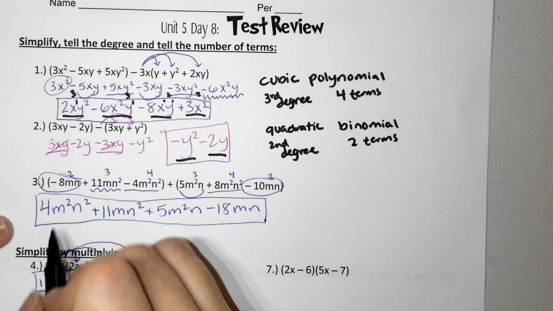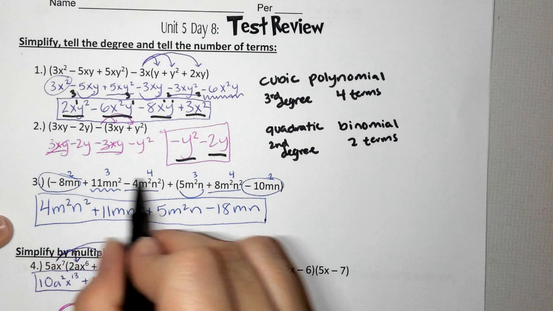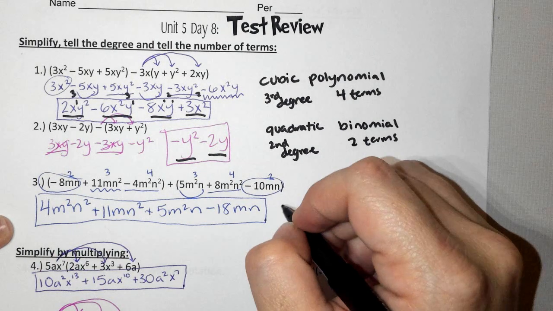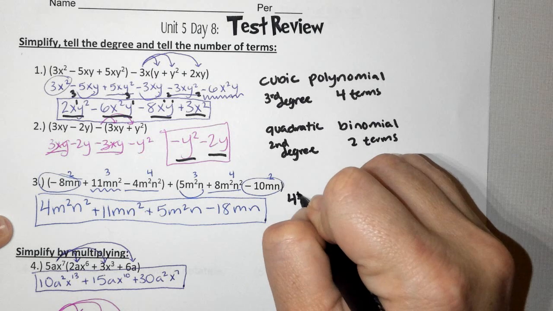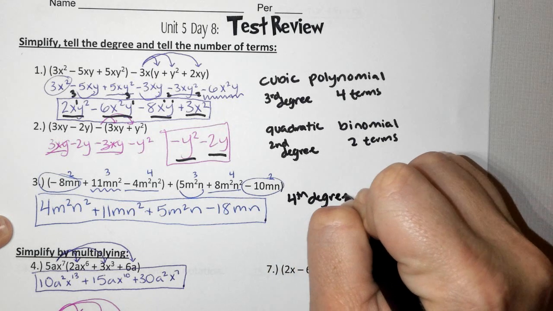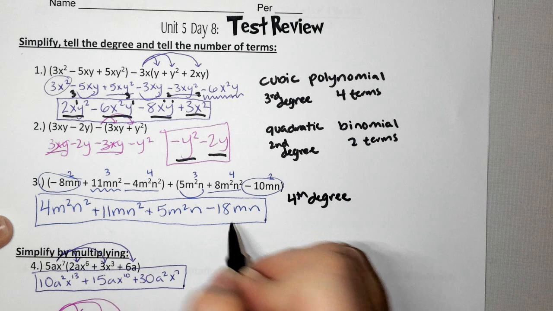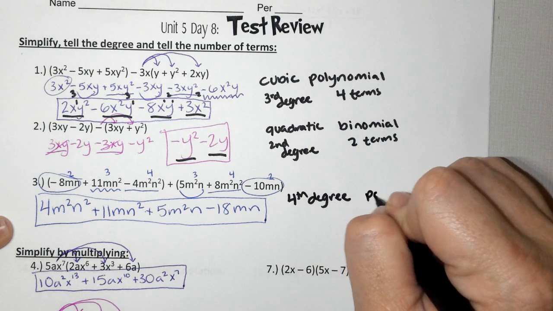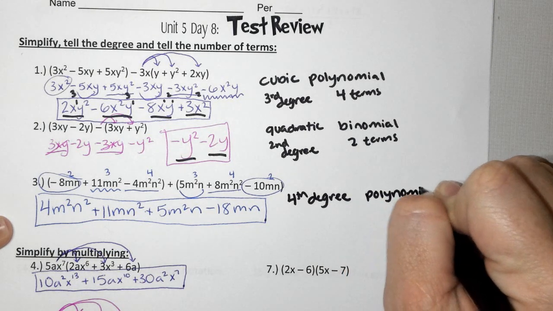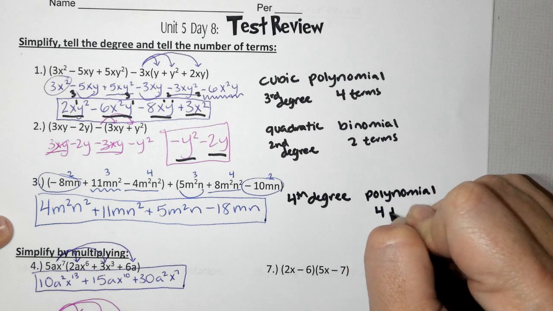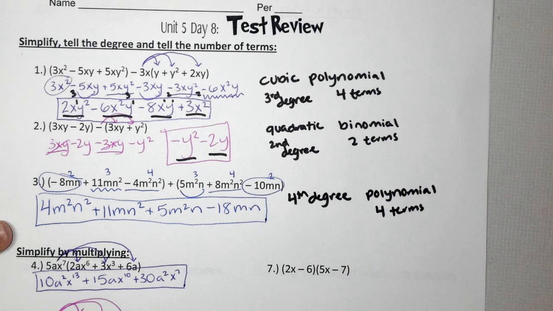Okay, and then lastly, degree of 1, 2, 3, 4. Remember, we've already realized our highest degree is a 4th degree. There's no fancy word for that, so it's 4th degree. And then 1, 2, 3, 4. So it's a polynomial because it's 4 terms. Okay, sorry about that. Didn't mean to forget that.